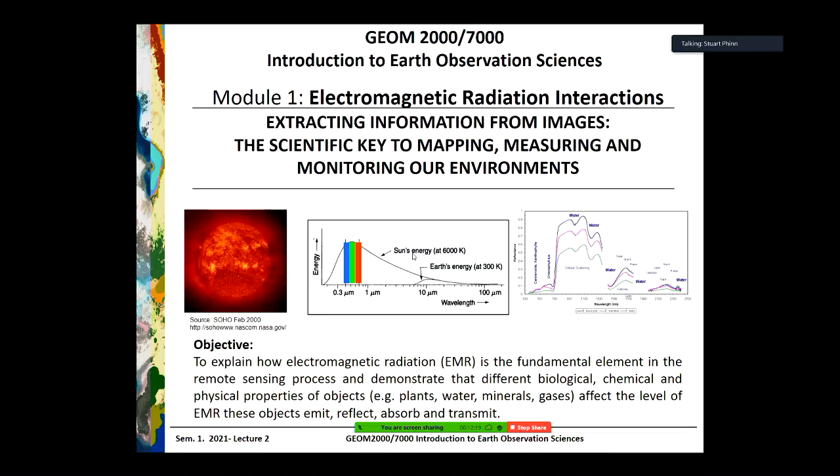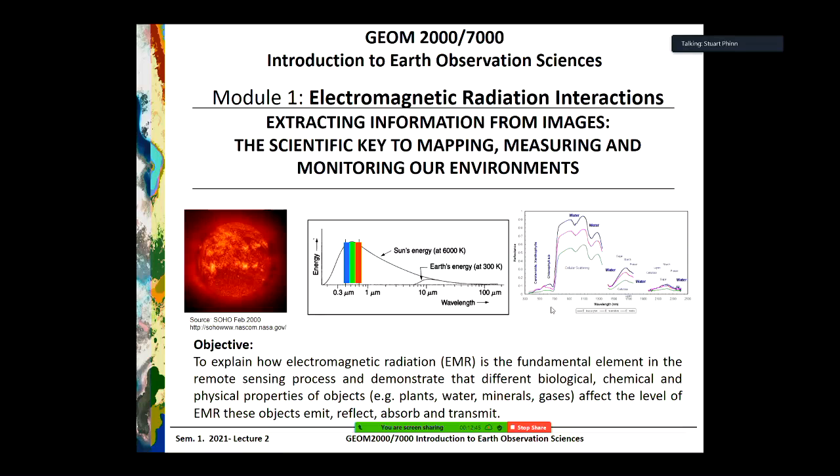And what we're going to talk about is how the energy from the sun hits stuff in the atmosphere, vegetation, soil, water. Some of it's absorbed, some of it's reflected. And because different features like gases, solids, liquids have different physical structures and chemical compositions, they absorb and reflect light in unique ways. They have a signature almost.